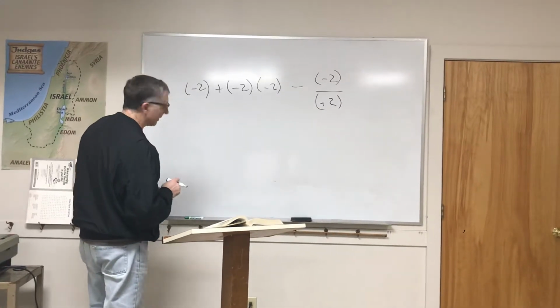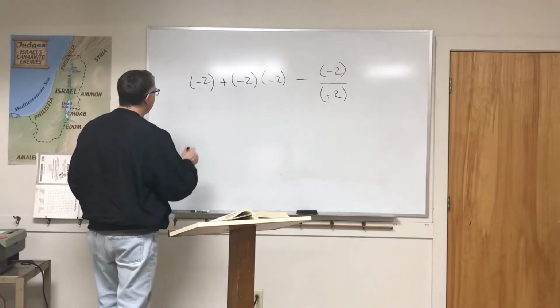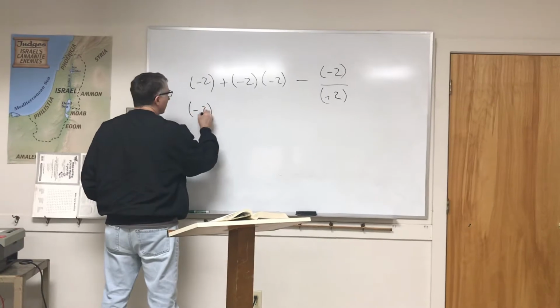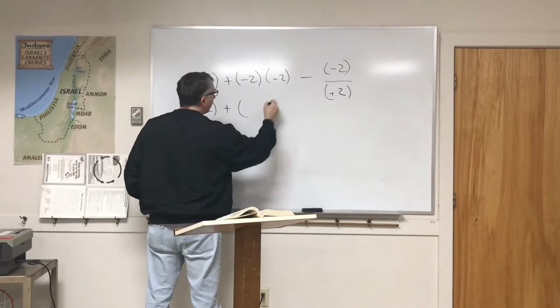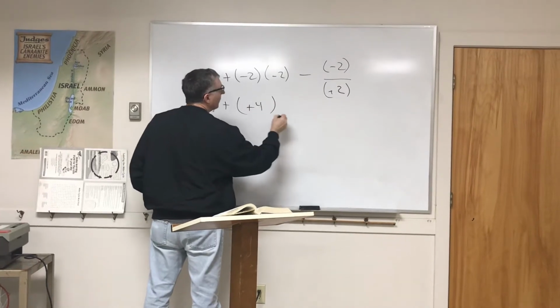We're just going to take this step by step. The -2 here is by itself, and then these two multiplied would give us a +4.